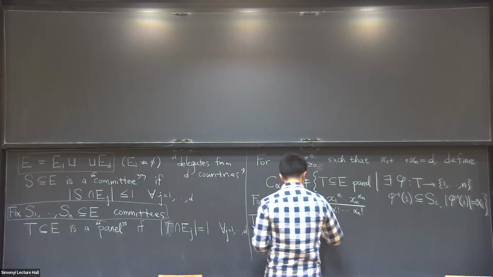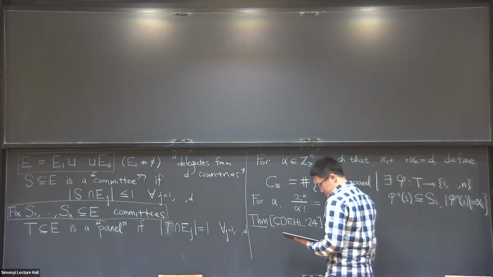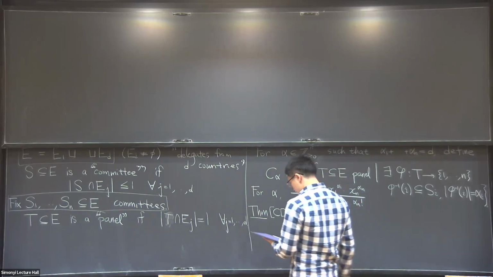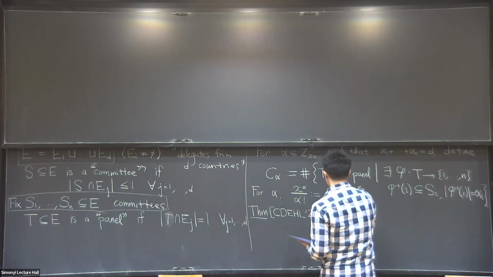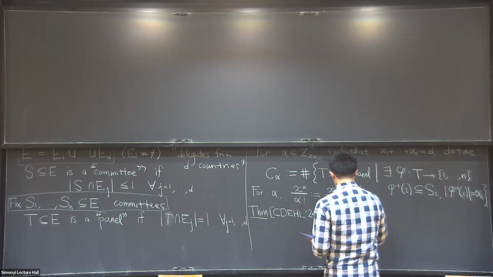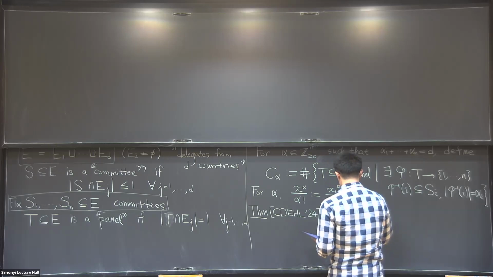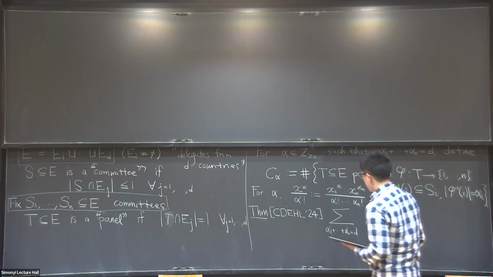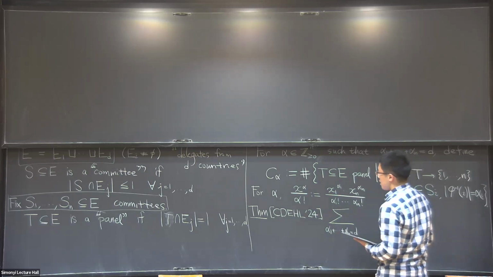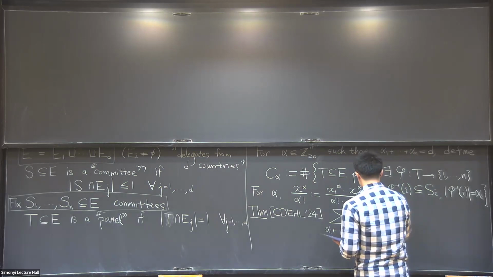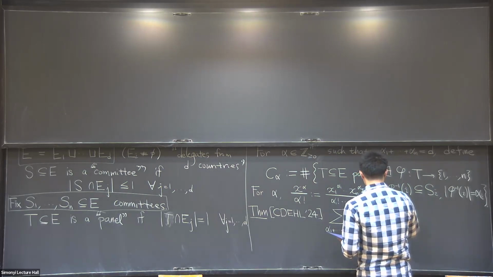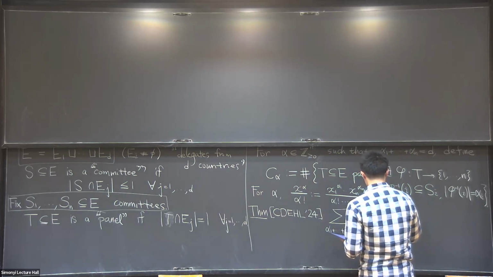Let me write the theorem first. The statement is, let's collect all these in an exponential generating function using this. In other words, sum over all non-negative alphas whose coordinate sum equals d, of c sub alpha, x to the alpha over alpha factorial.